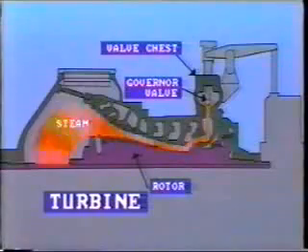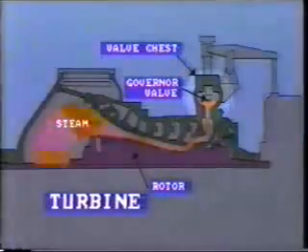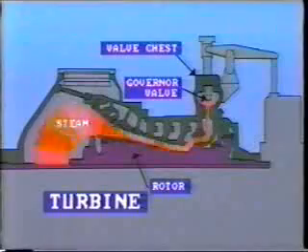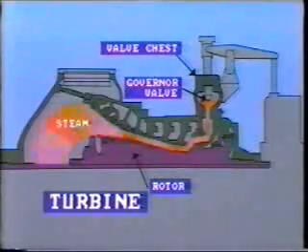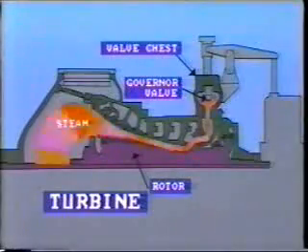In order to maintain a constant speed, the mechanical energy input must precisely match the electrical load output. As load demand changes, the turbine governor will continuously adjust the steam input so as to produce the required mechanical input. However, as we mentioned in the last segment, this action may take several seconds to complete.